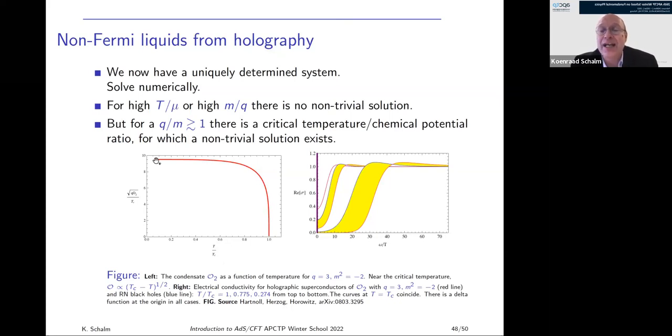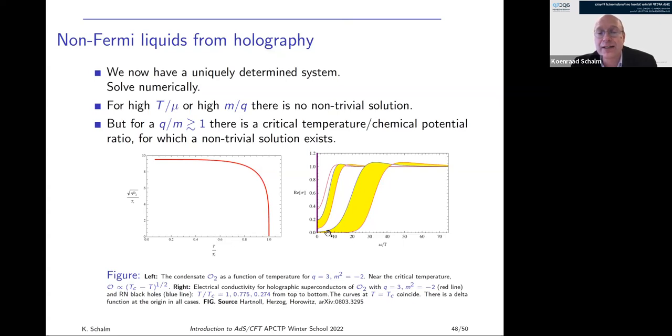And you can now really check that this is indeed a superconductor, right? Because you want to see spontaneous symmetry breaking by computing the conductivity in the system. We've already shown you how to compute the conductivity. Again, you compute it numerically. And you see indeed that if you go to the superconducting state, this curved line is the corresponding solution for the values of mu and T where you are not in the superconducting state.